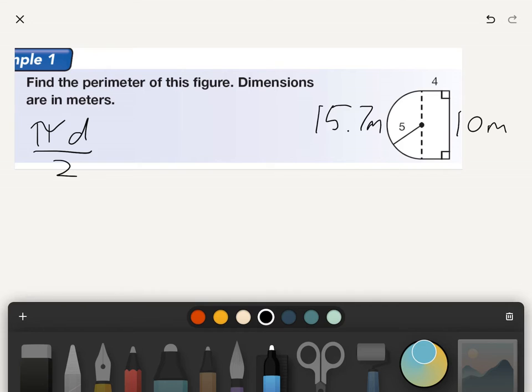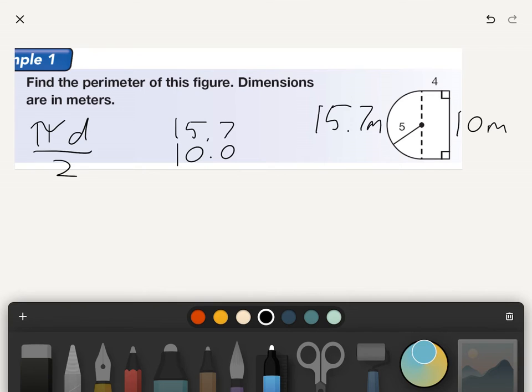I'm gonna take a couple of deep breaths and let you do that ahead of me. So basically you're doing 15 7/10 plus the 10 plus a couple of 4s, right?